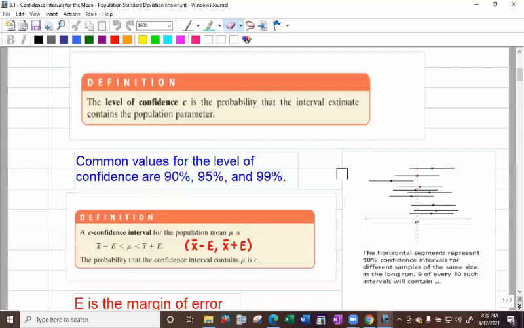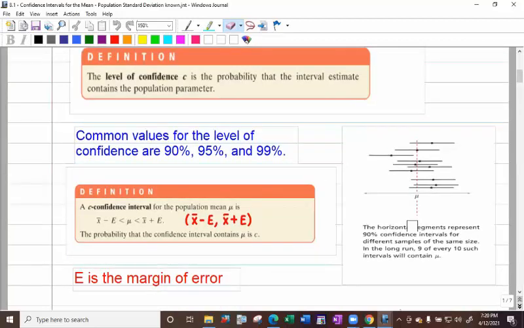This is showing that they collected 10 samples. That doesn't mean that if you collect 10, for sure 9 will be right and one won't. You remember the law of large numbers we talked about in probability not too long ago? It's sort of like that. Over the long haul, over all calculations, 90% of them are going to be in there.